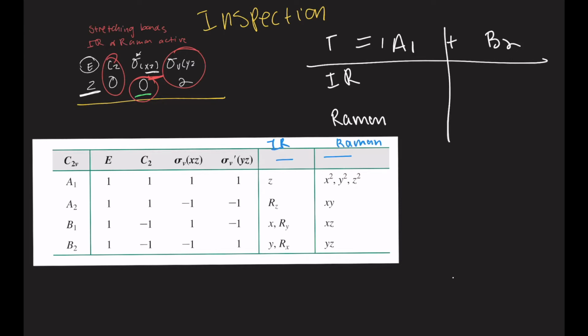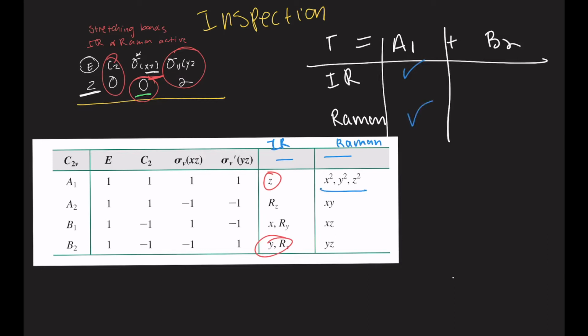And then for each of these, if you see one of these, it means that it is active. So for A1, we do have an IR active wavelength, and for Raman, we also have one.